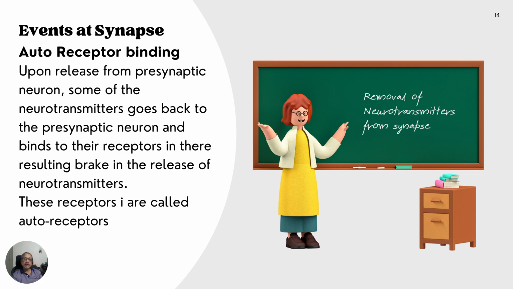That means upon release from the presynaptic neuron, some of the neurotransmitter goes back to the presynaptic neuron and binds to the receptor over there, resulting in a brake in the release of the neurotransmitter. So the autoreceptors act as a brake, and that is why they are called autoreceptors.